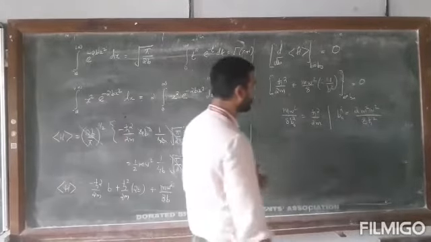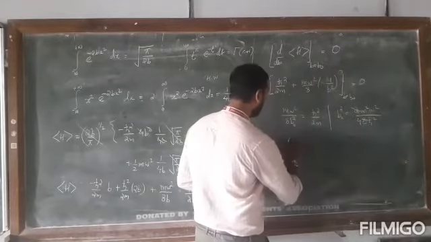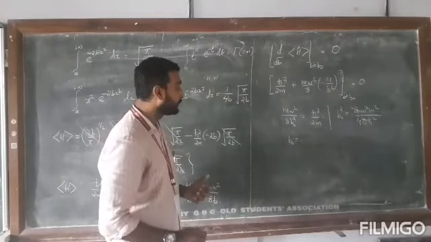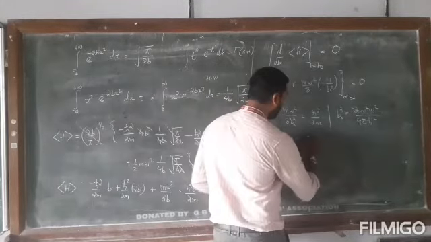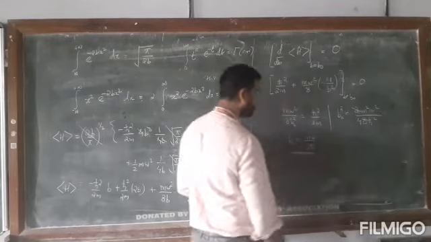Then what would be your b0? So finally you will get the parameter b which minimizes the Hamiltonian, and that would be b0 equal to mω/2ħ.